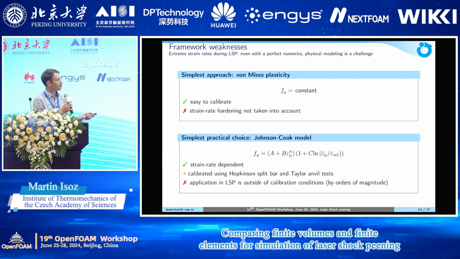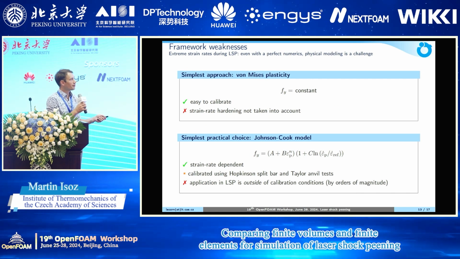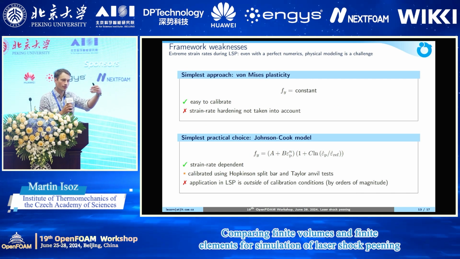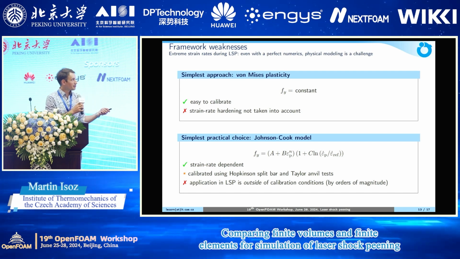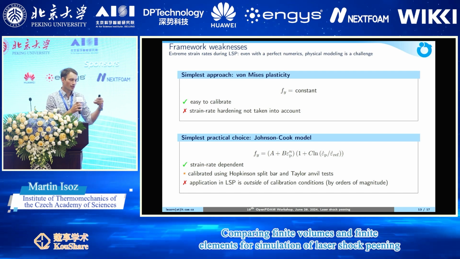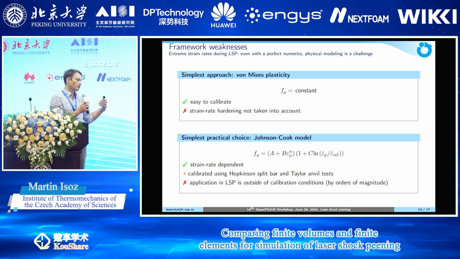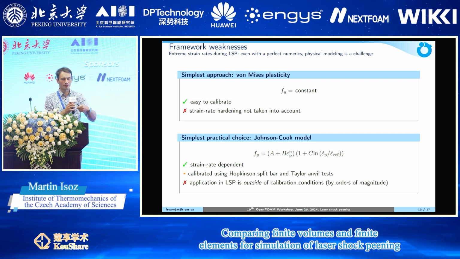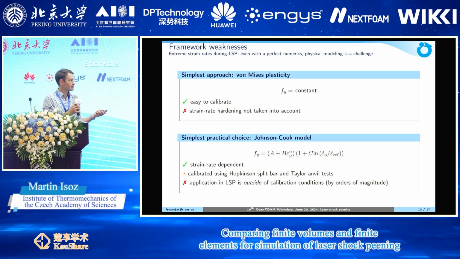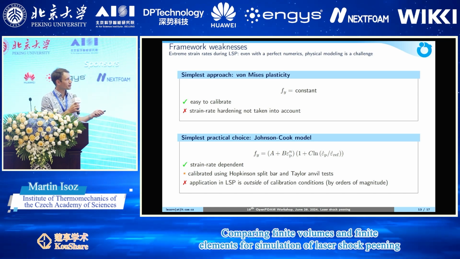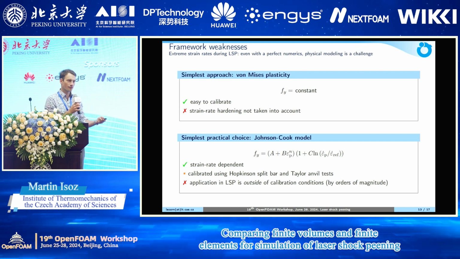The first approach was to use what is called von Mises, or ideal plasticity, where when we simulate solids and want to have plasticity, we add some maximal stress that the material is able to withstand before being permanently changed, or plasticized. This von Mises plasticity uses just a constant criterion for the equivalent stress that the material can survive.